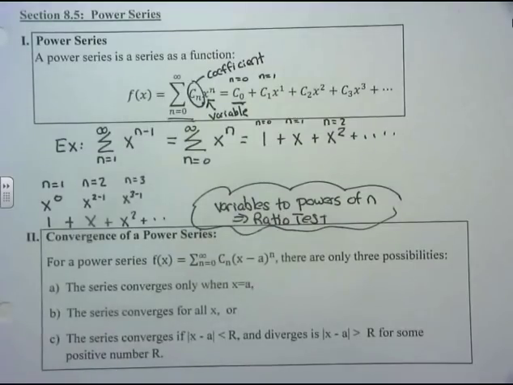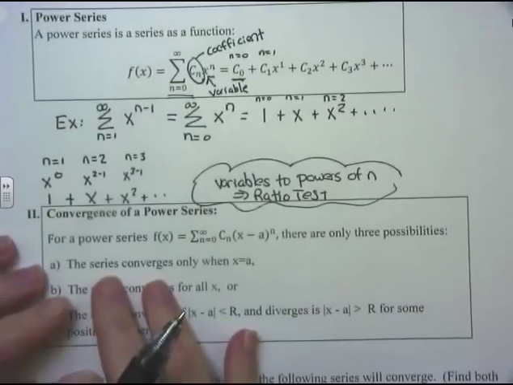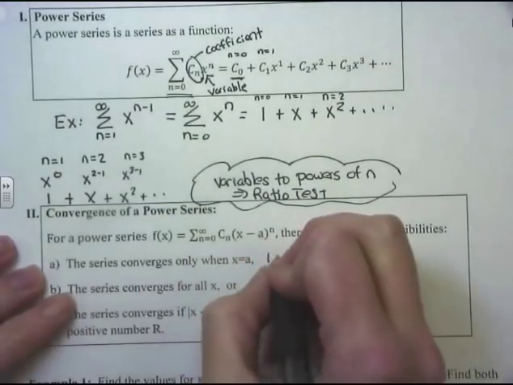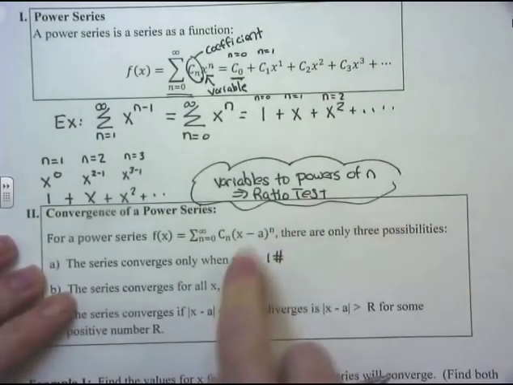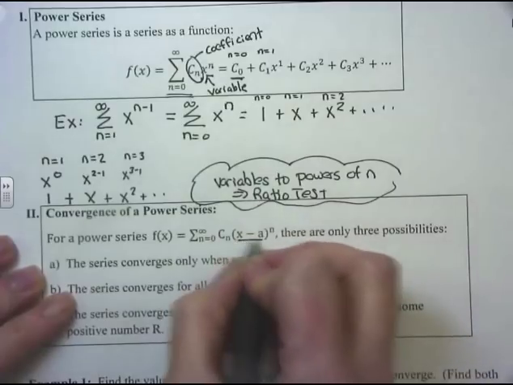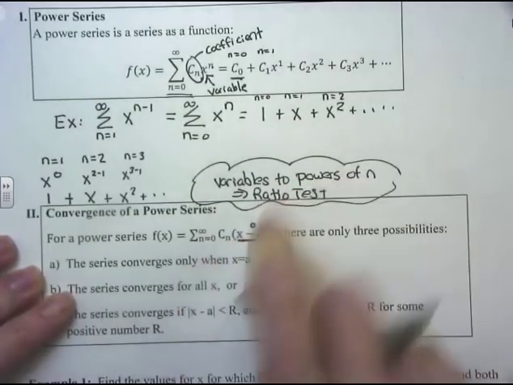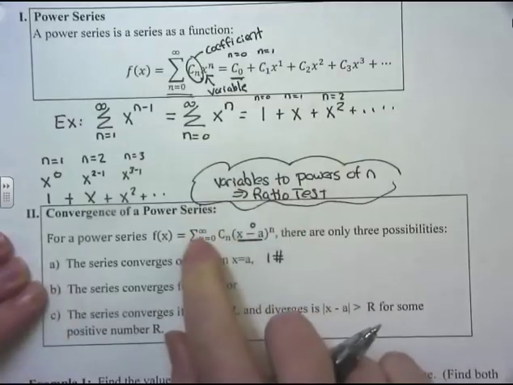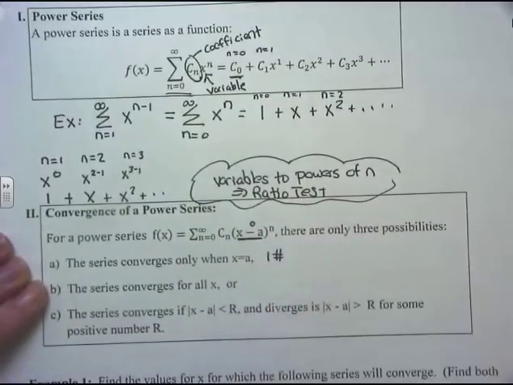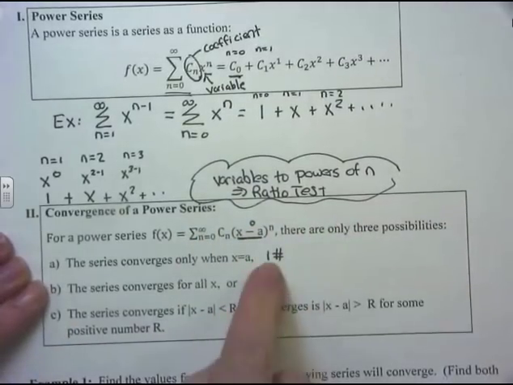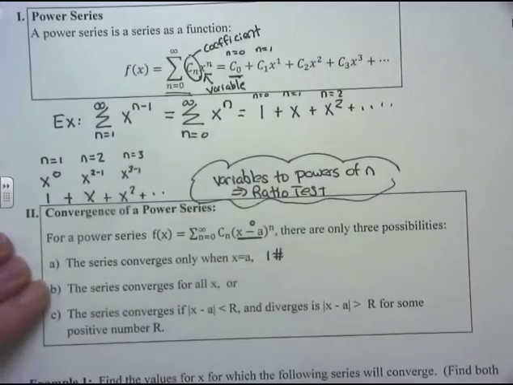If we want to talk about the convergence of power series, there are 3 possibilities. So a power series can converge at one number when x is equal to a, meaning when you have 0 raised to the power of n, you are adding a bunch of zeros. Of course, you have some type of convergence there. So it can converge for one number.